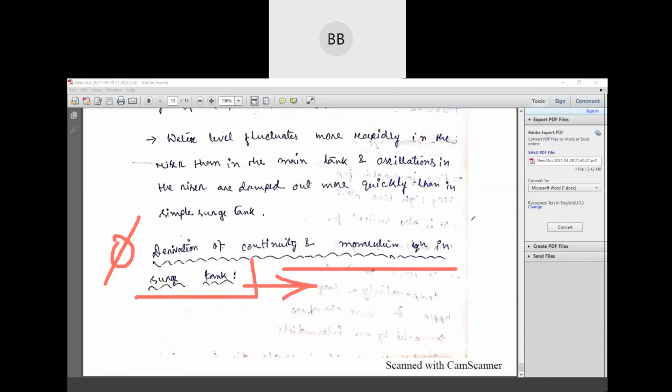So in water power engineering, I'll share all my PDF files with the sir. So kindly circulate among all the students.